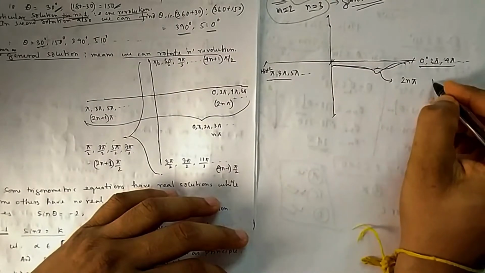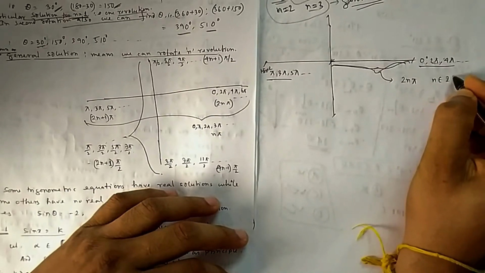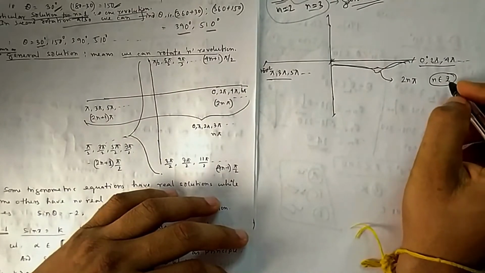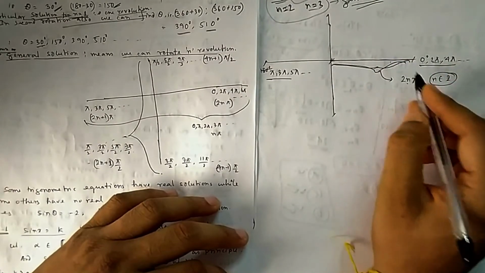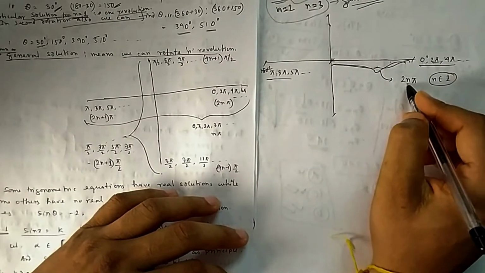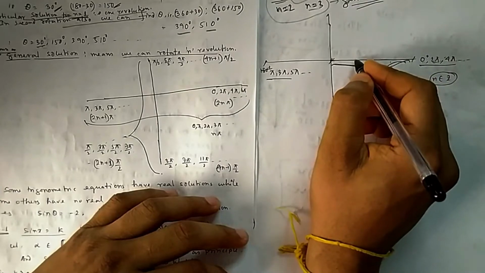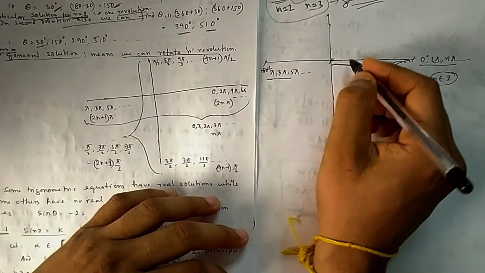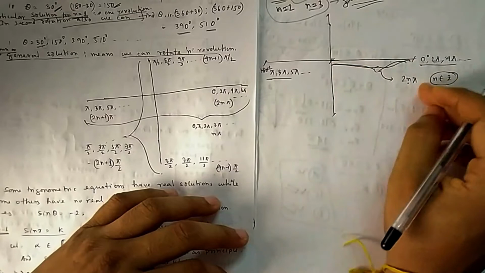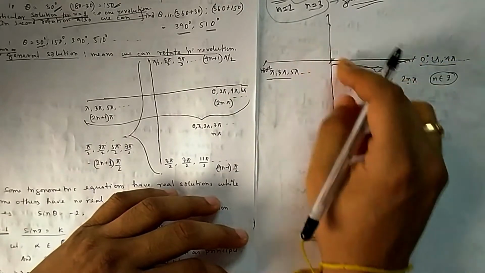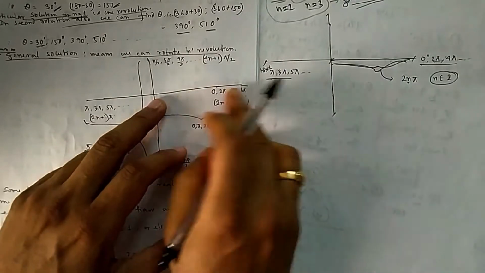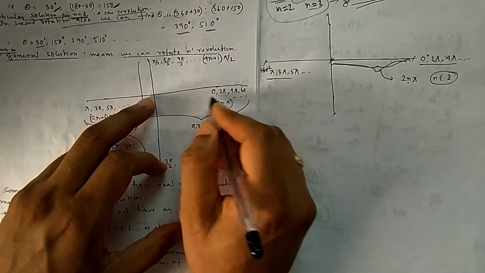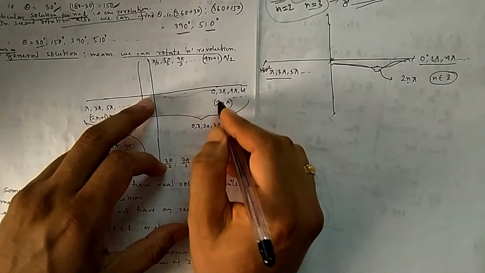You put any integer z, you put 0, plus 1, minus 1, you will get this answer: 0, 2 pi, minus 2 pi. 2 pi means I am rotating in this way, minus 2 pi means I am rotating in this way. That's it. Minus 4 pi too, so all this will represent this line. So this line can be represented as 2n pi, from here to here.